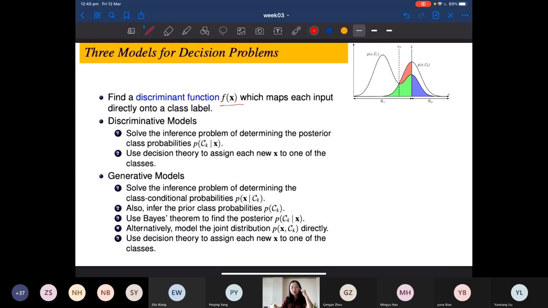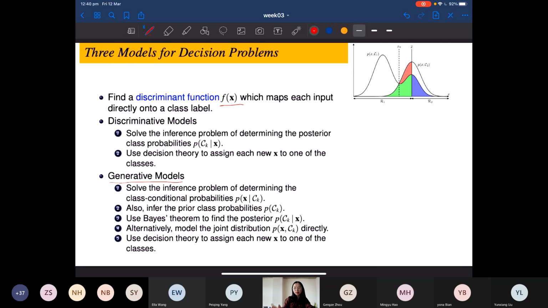In 1D, there's not much of an f of x because if the class regions are continuous, we're just picking a point to split. Although for a discriminant function, we can also think of it as finding the split point between classes. The second type of model we will talk about is generative models.